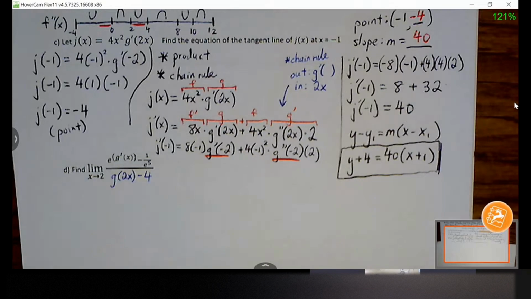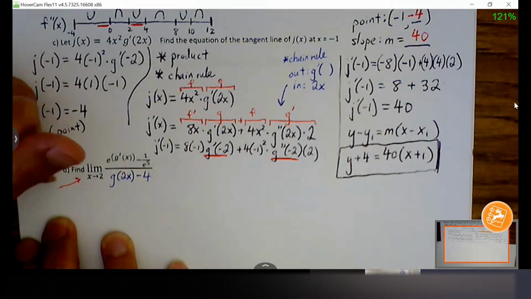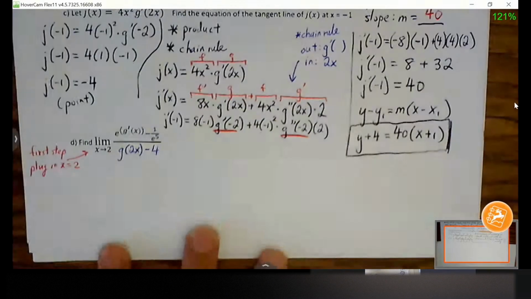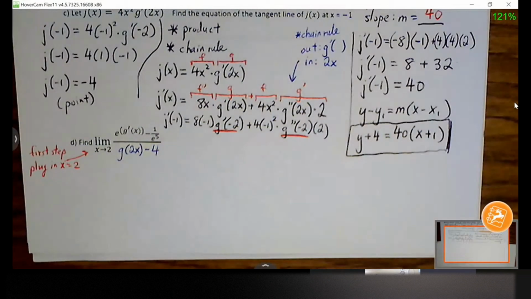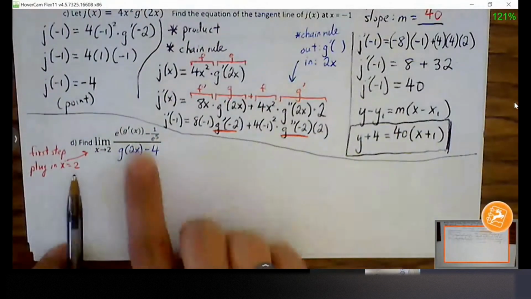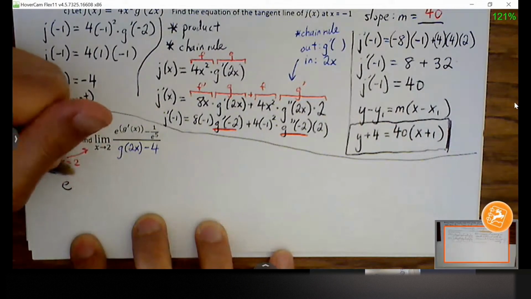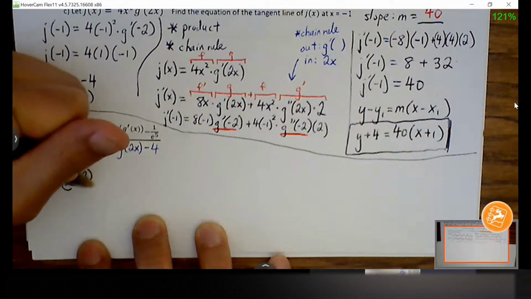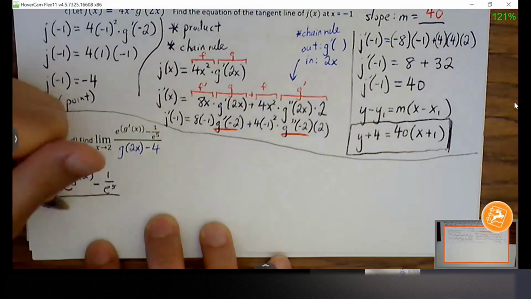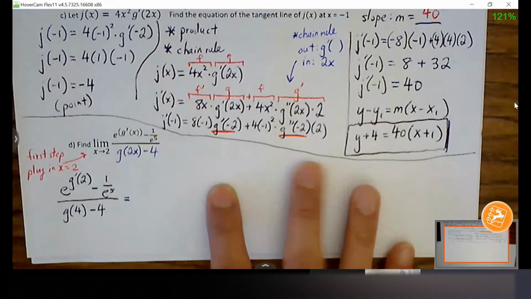So first step, replace every x I see with 2. Okay, we go to our table.